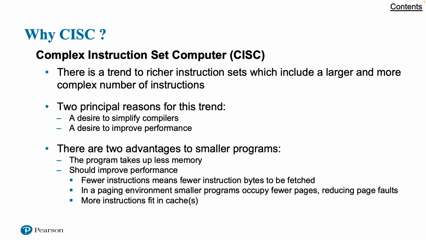Two principal reasons have motivated this trend: a desire to simplify compilers and a desire to improve performance. Underlying both of these reasons was a shift to high-level languages on the part of programmers. Architecture attempts to design machines that provide better support for high-level languages. So people are not programming as much in assembly language, as a shorthand way of thinking about that.